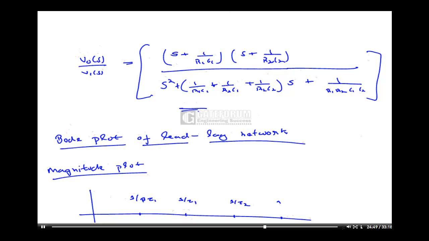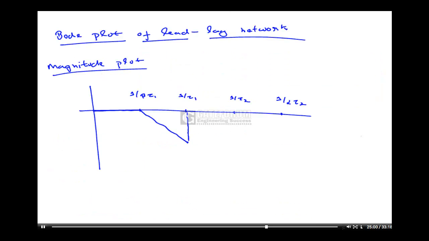Then I have pole. Okay, so if I have a pole here, it will decrease at a rate of minus 20 dB per decade. On reaching 0, it will become 0 dB per decade. Again one more 0 is there, it will become plus 20 dB per decade. Then on reaching pole it will become 0 dB per decade.